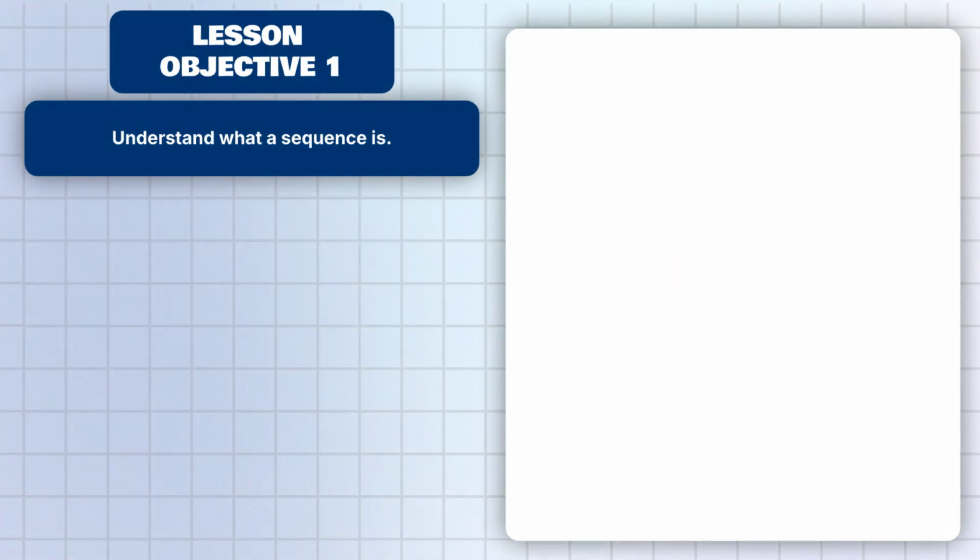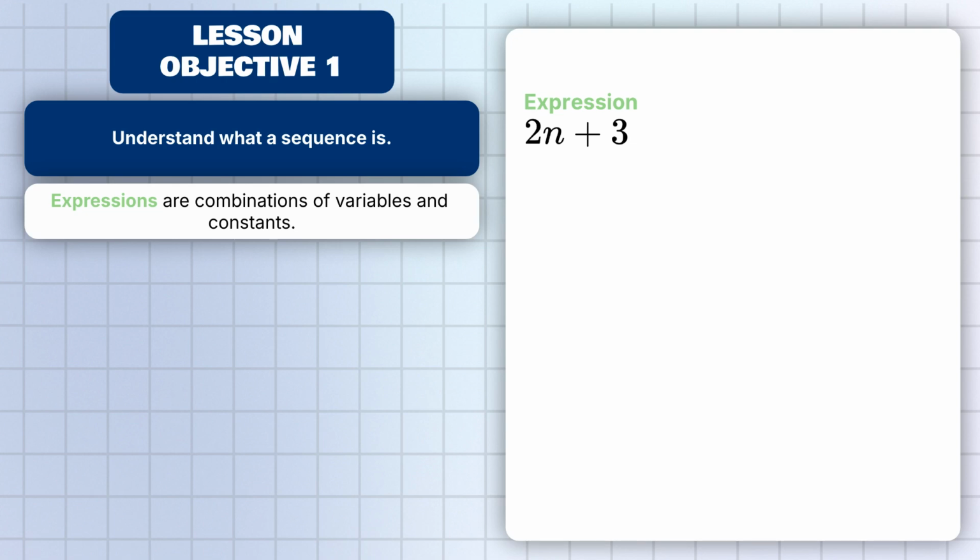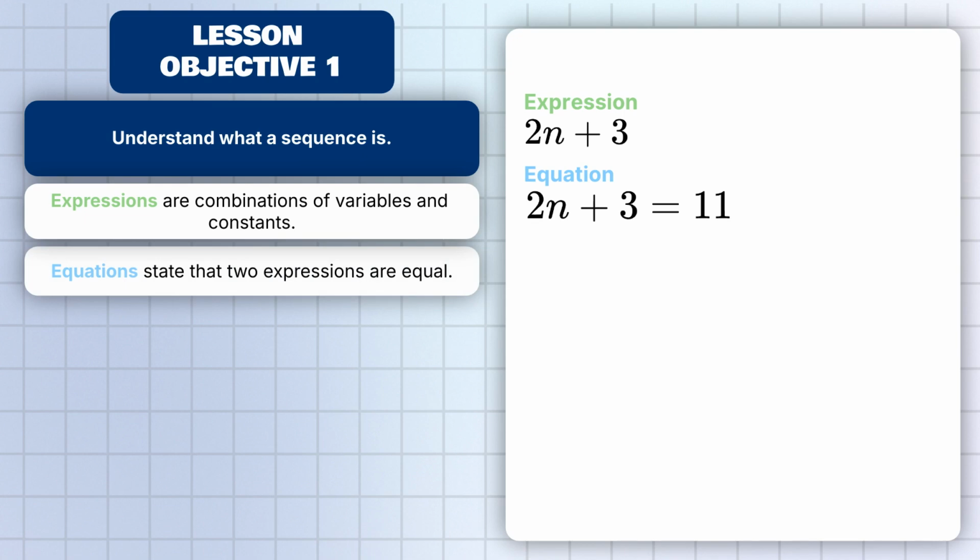How are sequences different from the other algebraic concepts we have already learned? The key difference between sequences and expressions, equations, identities, and inequalities is in what they represent and how they are used. Expressions are combinations of variables and constants. For example, 2n plus 3. Equations state that two expressions are equal.